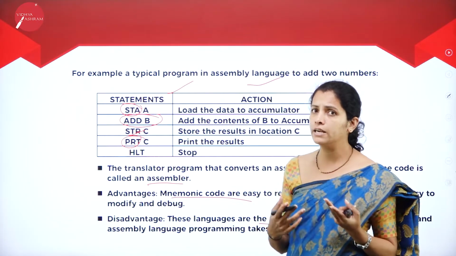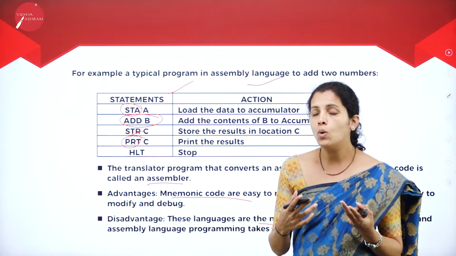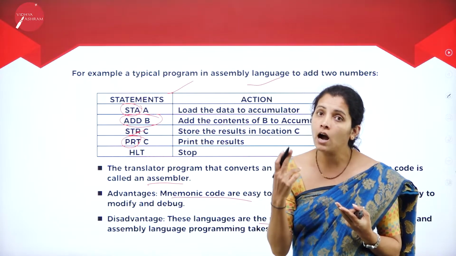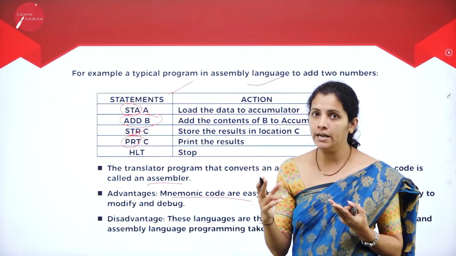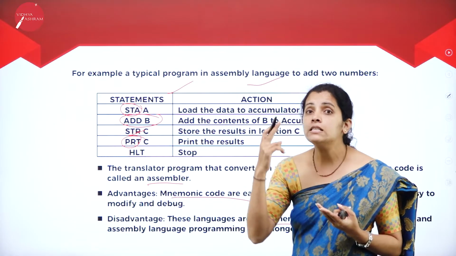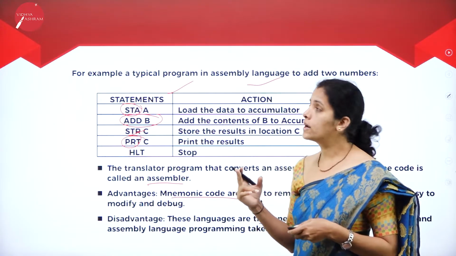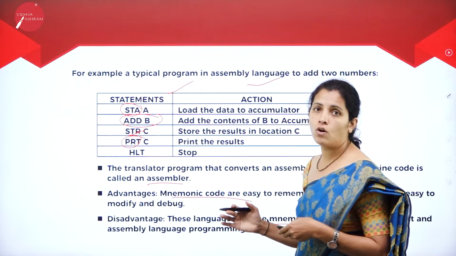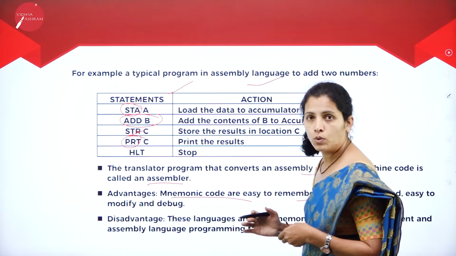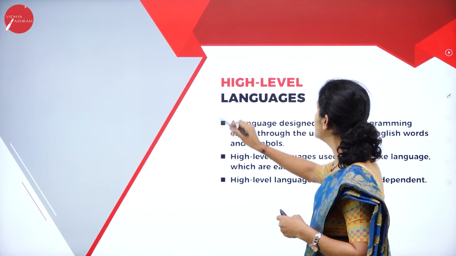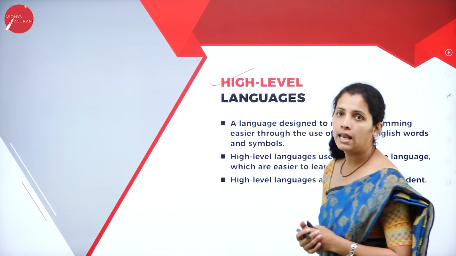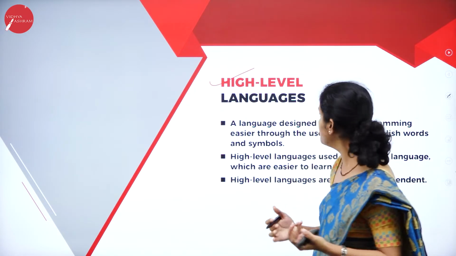So what are the disadvantages we have here? One is that all the mnemonics are machine dependent, and another one is that it takes time to write the program. These are the disadvantages of assembly level programming. Then we have high level language. So what is high level language here?